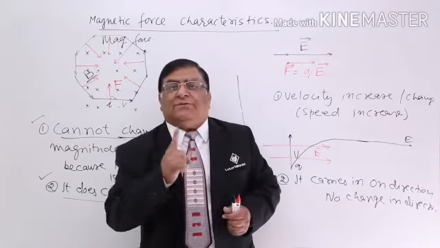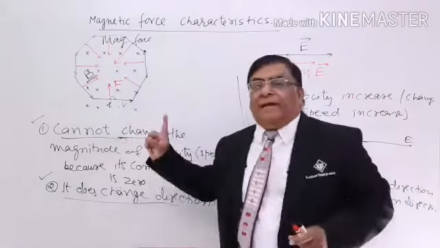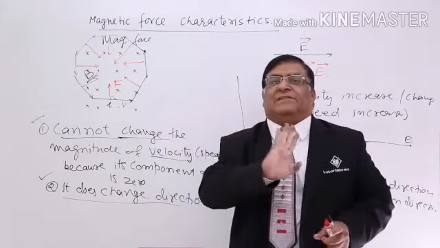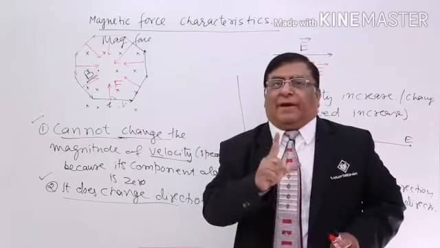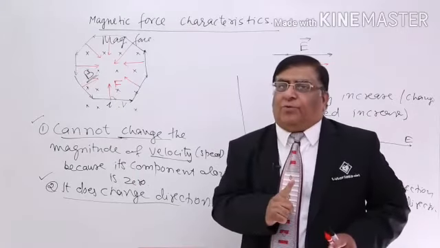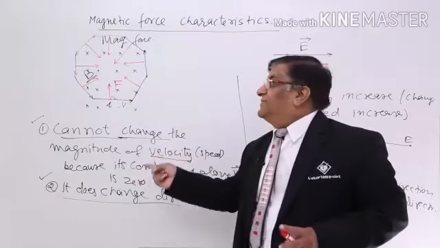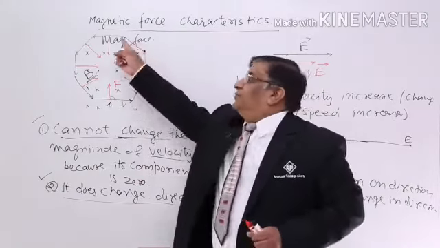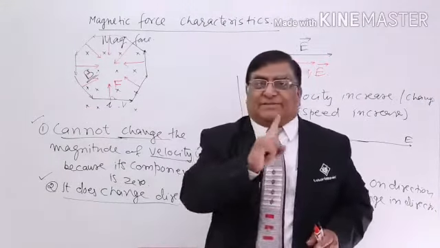One, speed can be increased only by the electric field. The magnetic field cannot increase the speed, cannot decrease the speed. Remember it. One thumb rule. Second thumb rule. Magnetic field, what can it do? It can always change the direction of the motion, and it tries to make it a circular motion. Always.